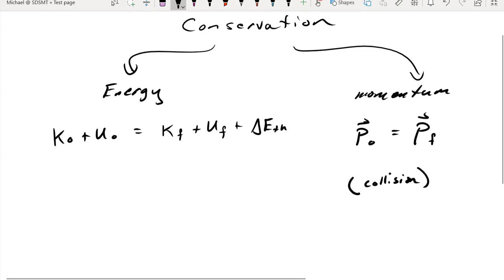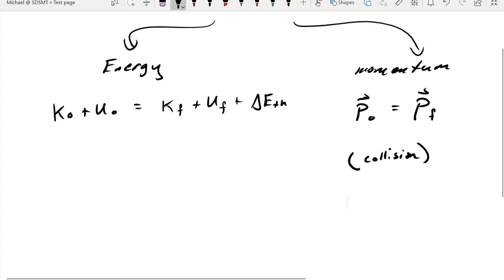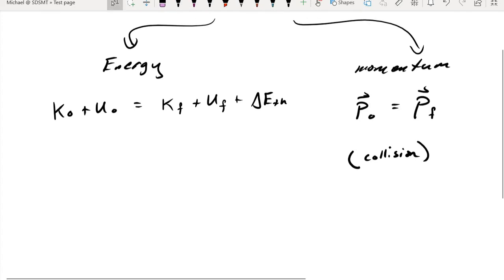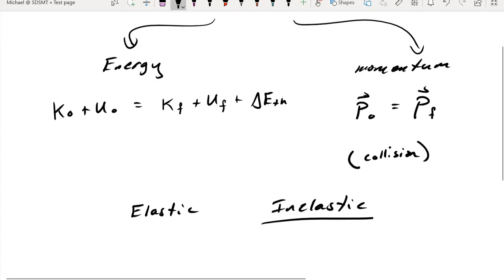And we mentioned in the last video that when it comes to collisions, there are two types of collisions. We have the elastic and the inelastic collisions. And the inelastic collision is what we see up here with this energy expression.